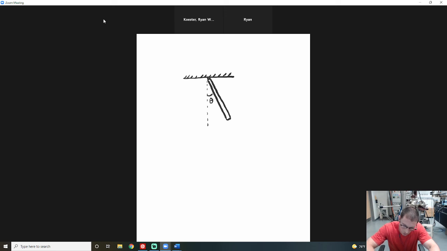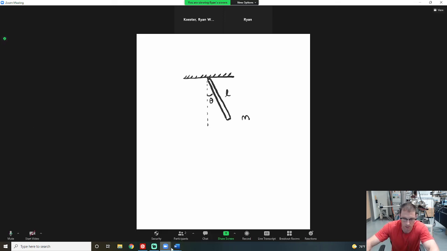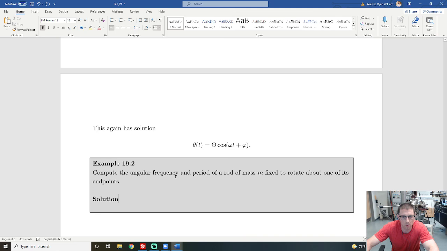Theta, and then we'll say that the whole length of the rod is L, and it has mass M. Now, this is what we're thinking about, right? And so what I should say is that we want to consider a uniform rod of mass M and length L. Okay, so now this is a better way to phrase this.